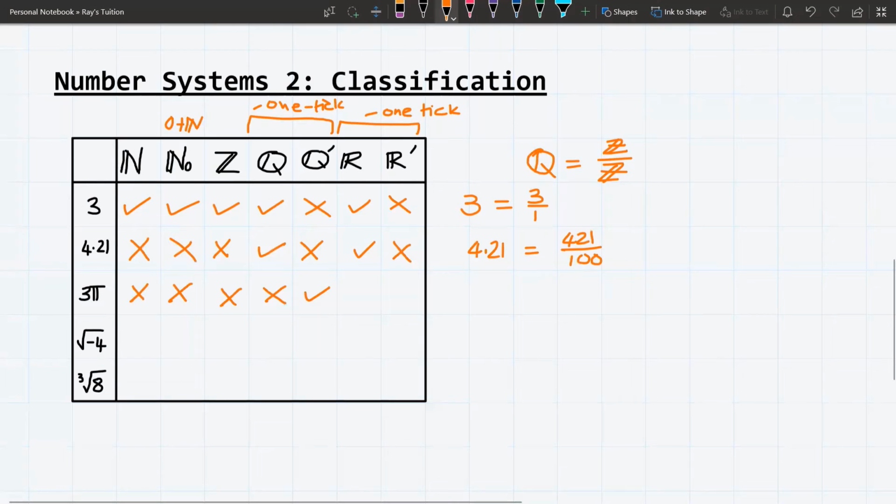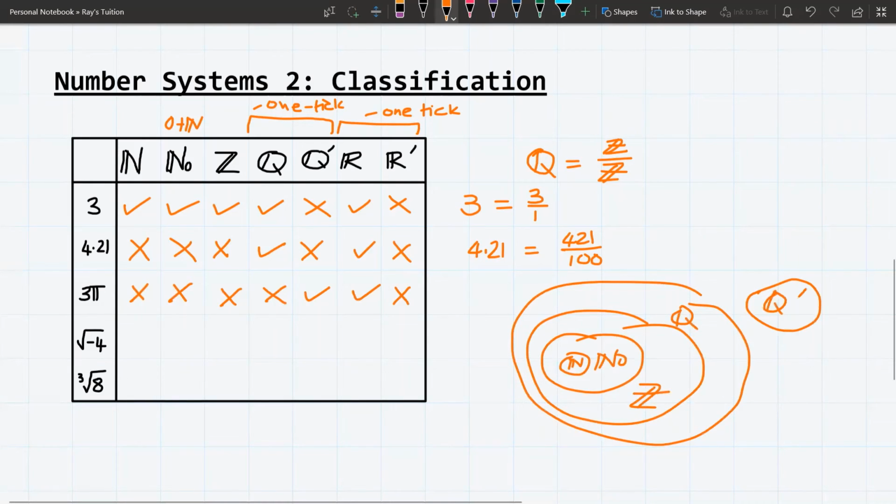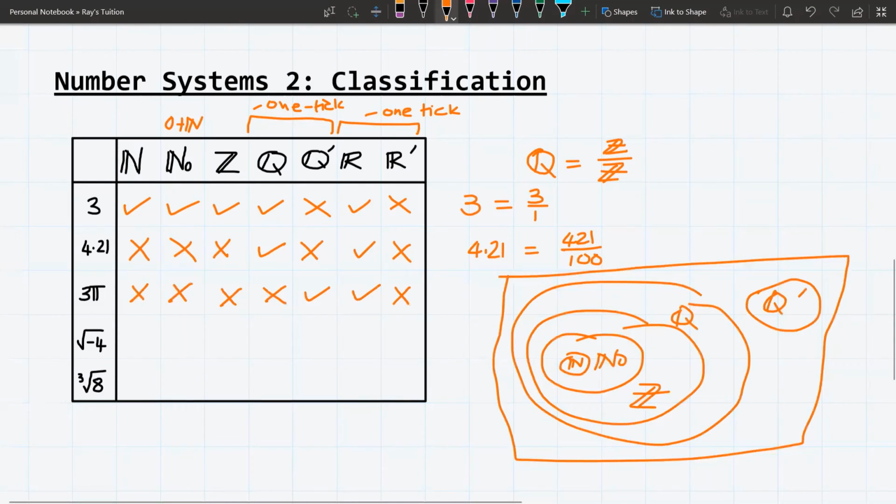Everything, including our rational and irrational numbers, is real, so it will still be real, so it's not a non-real number. If you remember our diagram, first we had natural numbers, then whole numbers, then integers, then rational numbers, and irrational numbers are separate. That's why you cannot tick both, but everything here belongs to real numbers.